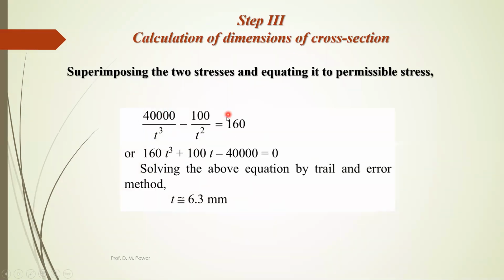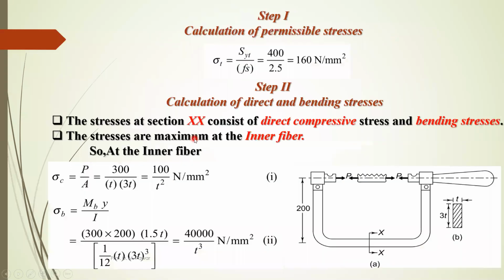So the permissible stress we calculated in the first step is 160. How to superimpose? Bending stress and compressive stress are of opposite nature, because compressive stress we consider as a negative value. Here 40,000 divided by t cube is the bending stress we calculated by this equation, and compressive stress is 100 divided by t square.